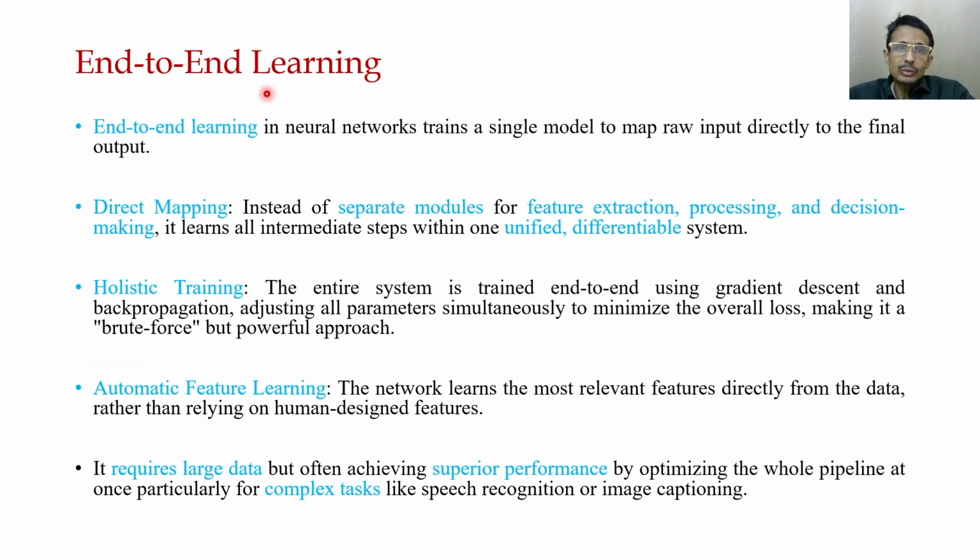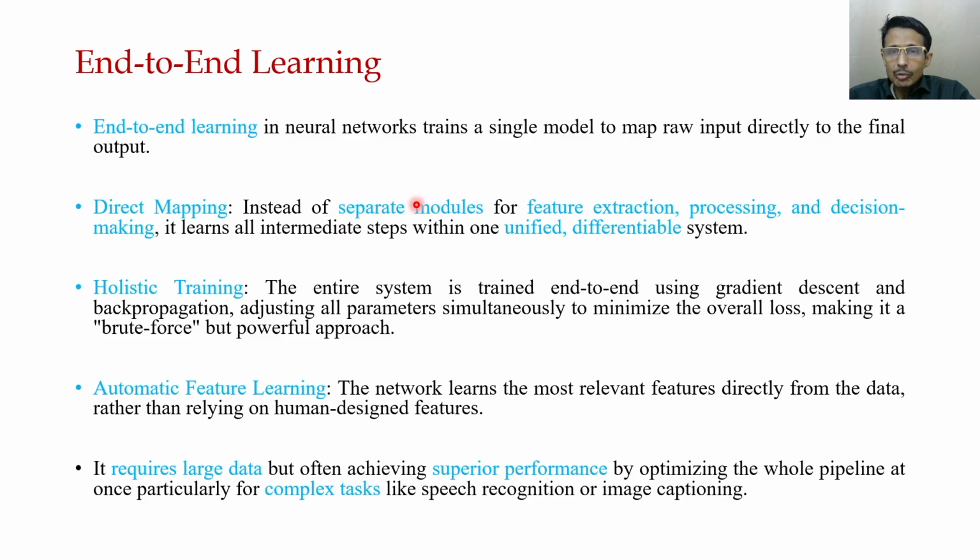Next is end-to-end learning. So basically, you see, there is the input to output. There is no intermediate manual intervention. So end-to-end learning trains a single model to map raw input directly to the final output. And that is a very fascinating characteristic of deep learning. So it's a direct mapping.